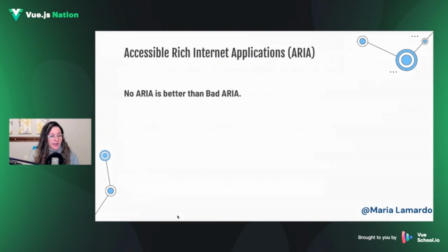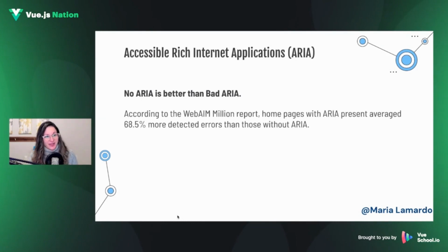Now, since we talked about ARIA, let me just call out that no ARIA is better than bad ARIA. Remember that WebAIM Million report that I was talking about, where they tested the home pages? Well, when they tested, they found that home pages with ARIA present actually averaged 68.5% more detected errors than those without ARIA.